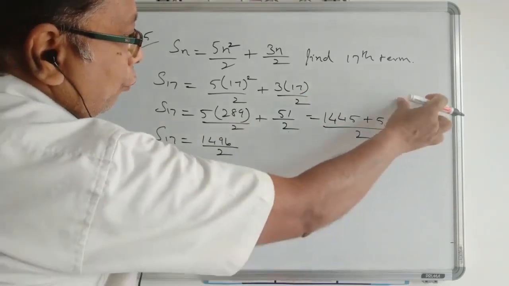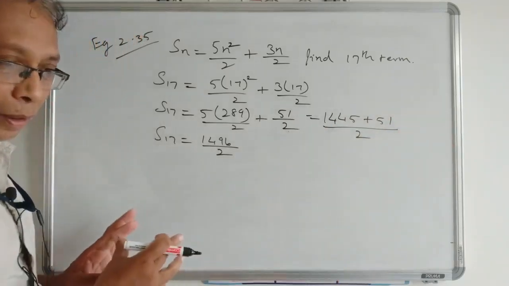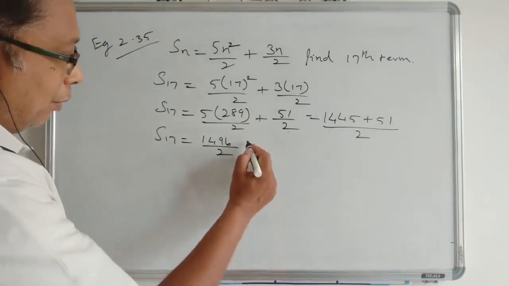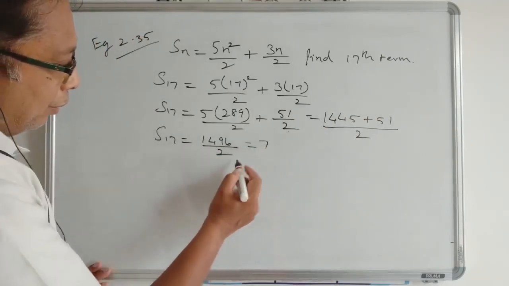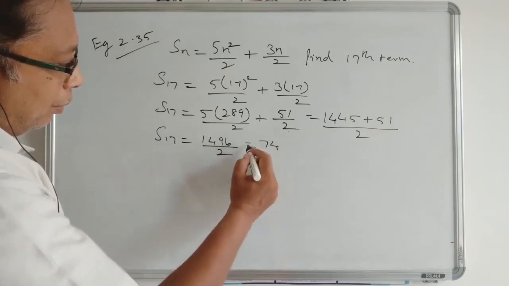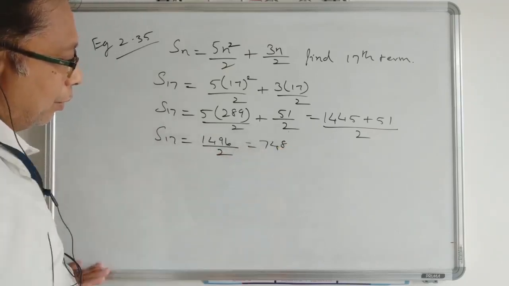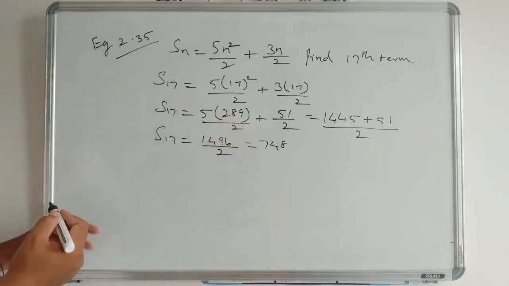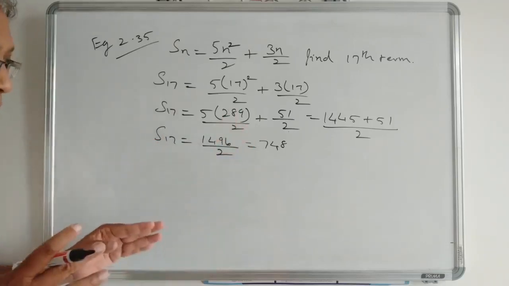Dividing by 2: 7 2s are 14, 4 2s are 8, remainder 1, then 16, 8 2s are 16. The S17 value we find is 748.